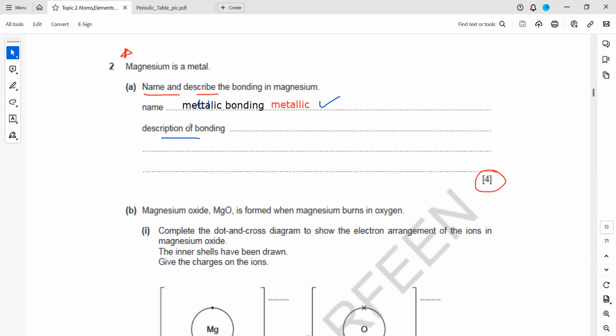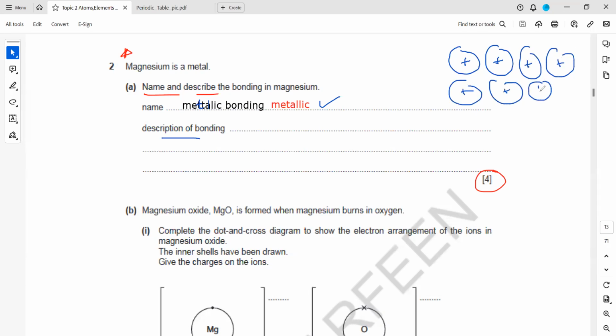Description of the metallic bond. What is actually a metallic bond? So metallic bond is actually the electrostatic attraction between the lattice of positive ions and the delocalized electrons.